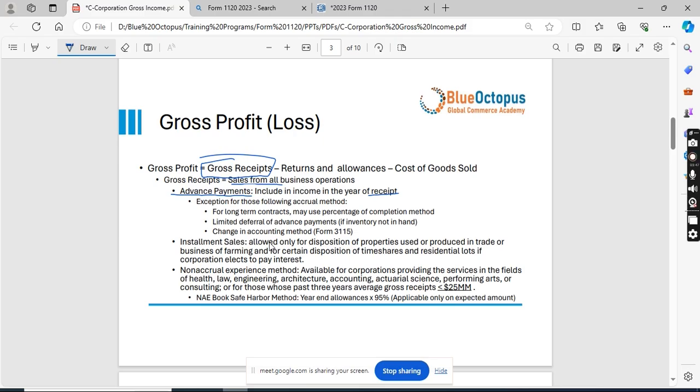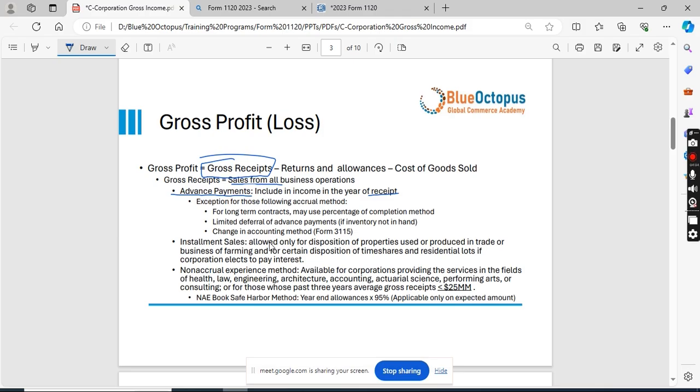Advance payments means you have not sold, but you are getting the cash. So whenever you are getting the cash, you have to include it as gross receipts, because here we are not talking just about sales, we are talking about gross receipts.